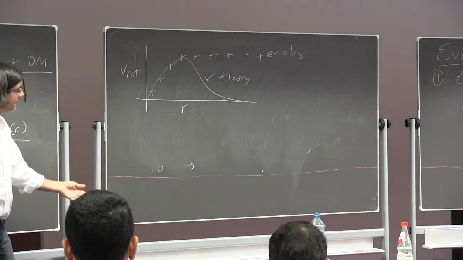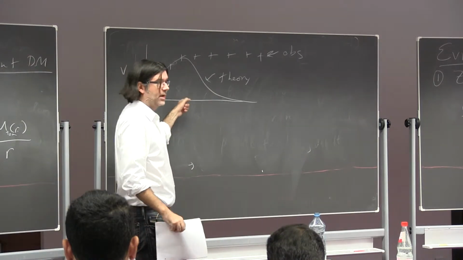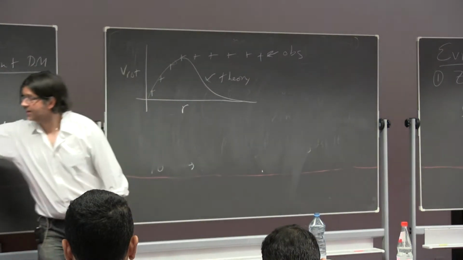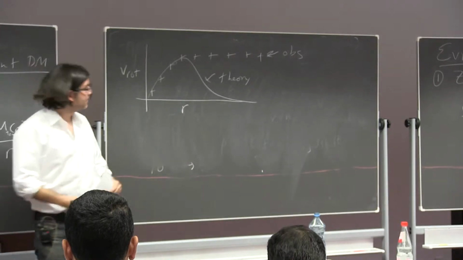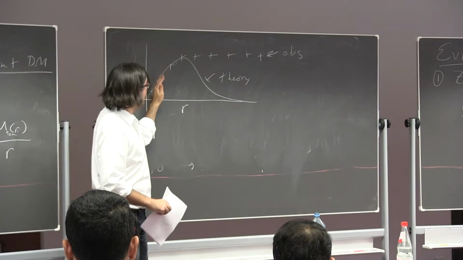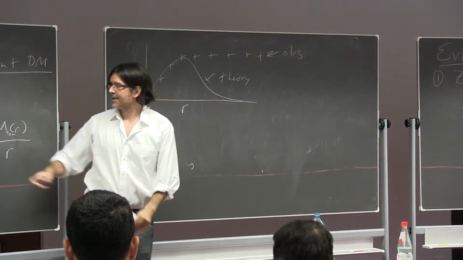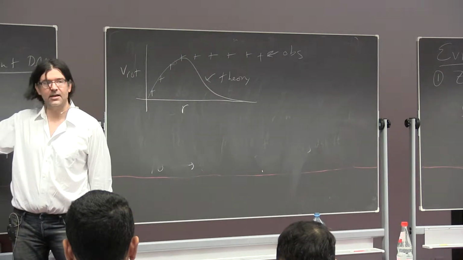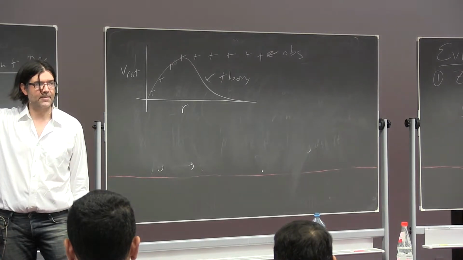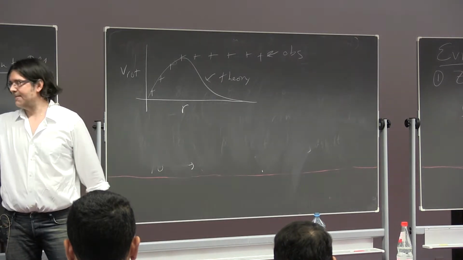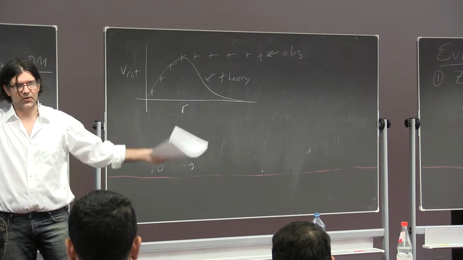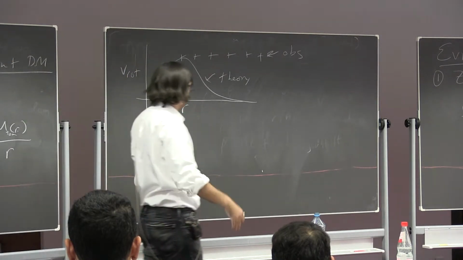So what was found is that as you looked as a function of radius at the galaxy, as I move from the inside and go out, I expect that the rotational velocity should go up and then should drop off, right? As I'm moving out to these objects way out here, and I'm moving farther and farther away from the baryonic matter, then if the matter is staying the same and I'm just getting farther and farther away, that velocity should drop. The gravitational force is getting weaker.